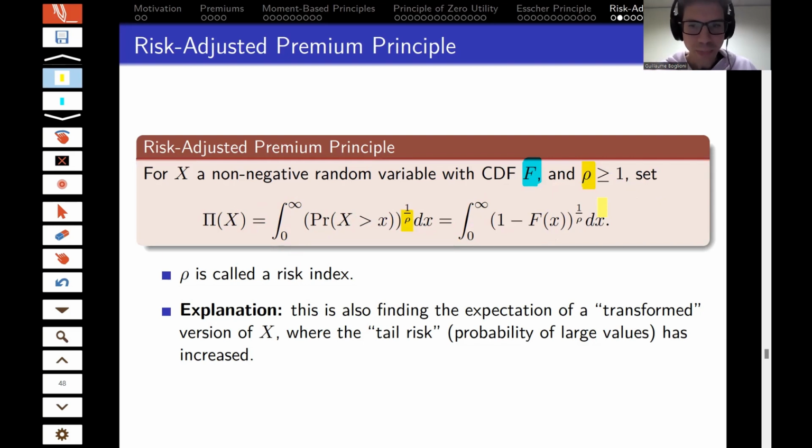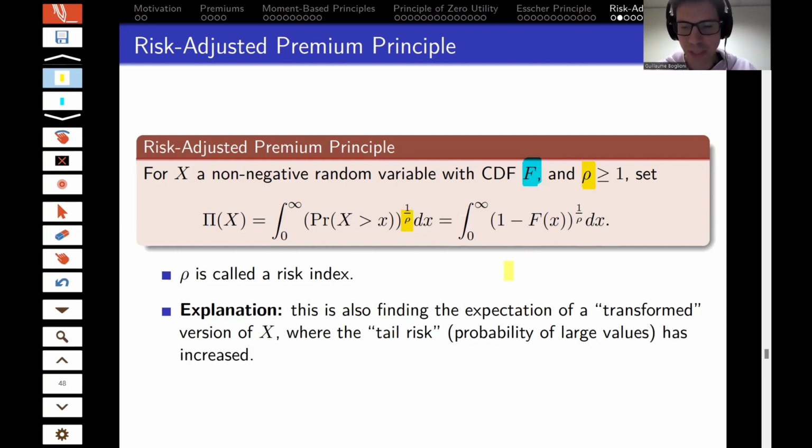Well, in one sentence, what this is doing is quite similar to the Esscher principle, at least conceptually. We're finding the expectation of a transformed version of X where the tail risk, the probability of large values, has increased.